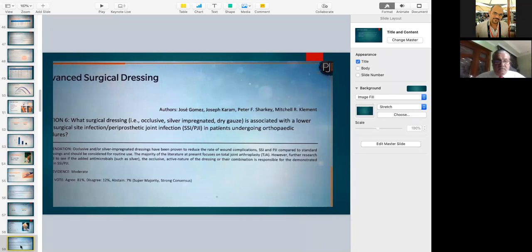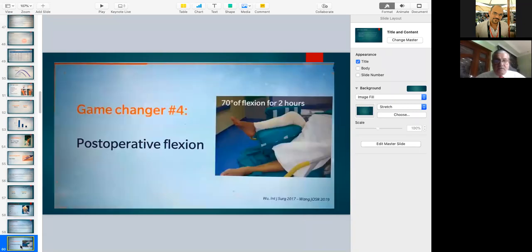The other method to assist your wound healing and reduce hemarthrosis in the post-operative situation is positioning. You can put the knee in 70 degrees of flexion. Why? Just for 2 hours, not more than that, to reduce hematoma formation.